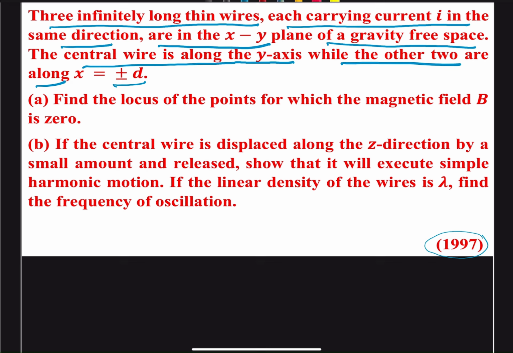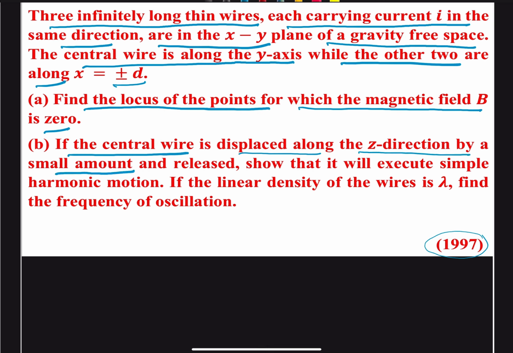In part A, find the locus of points for which the magnetic field B is 0. If the central wire is displaced along the z direction by a small amount and released, show that it will execute a simple harmonic motion. If the linear density of the wire is lambda, find the frequency of oscillations.